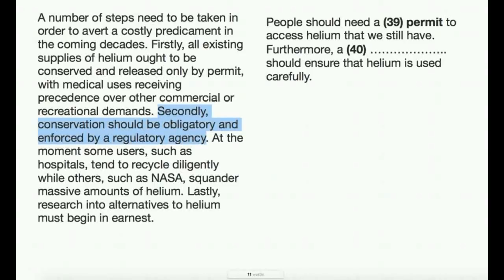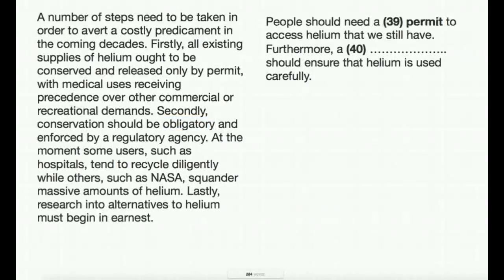If something's obligatory, that's something that must be done. So something should ensure that helium is used carefully.